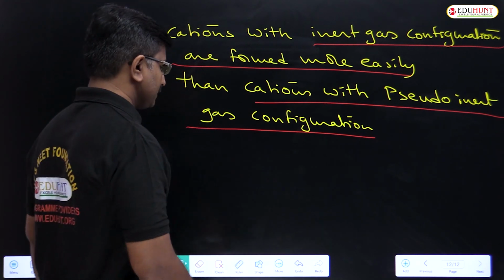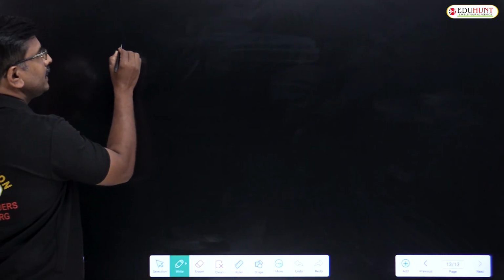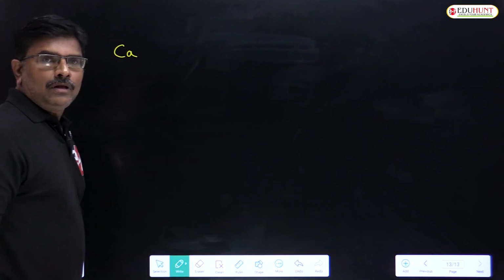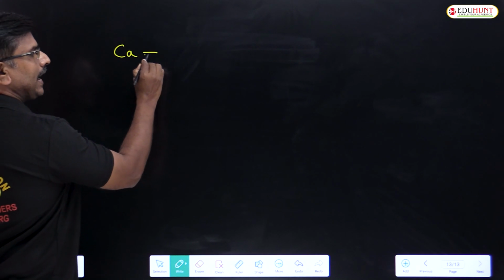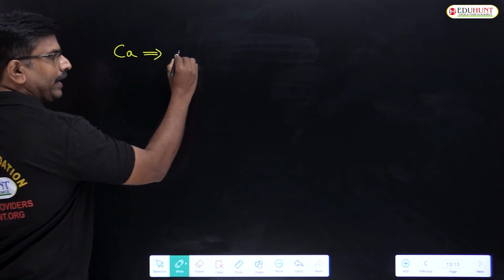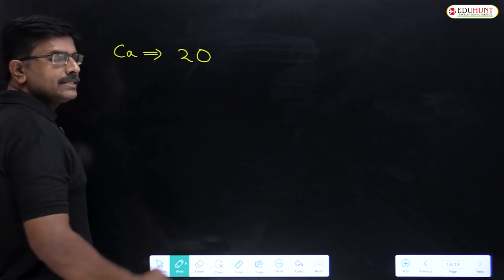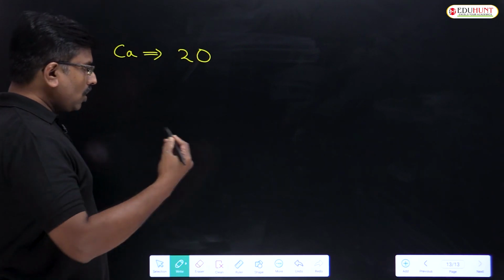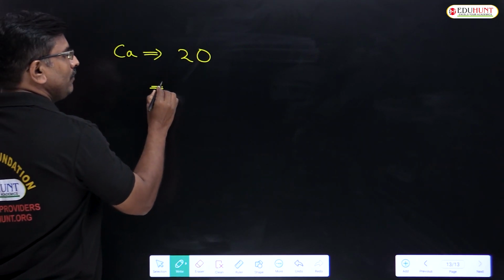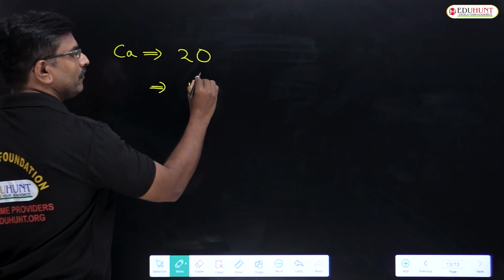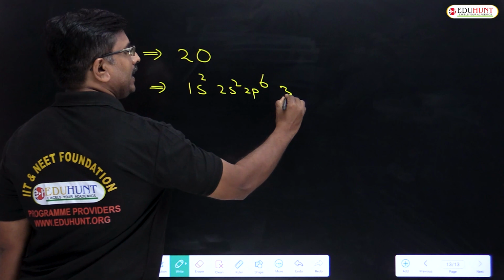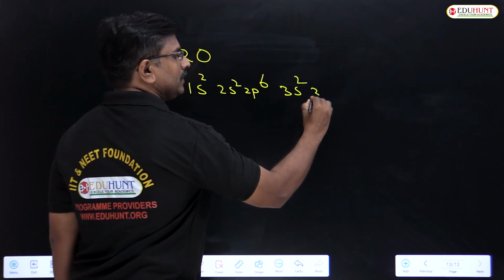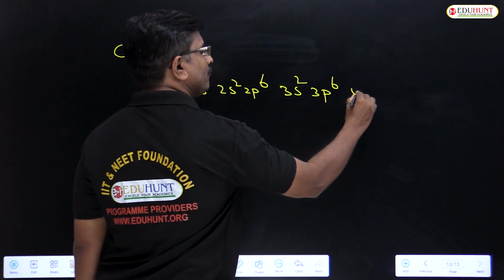Let us observe. Consider calcium, whose atomic number, as you all know, is 20. Its configuration in orbital format is 1s2, 2s2, 2p6, 3s2, 3p6 and 4s2.